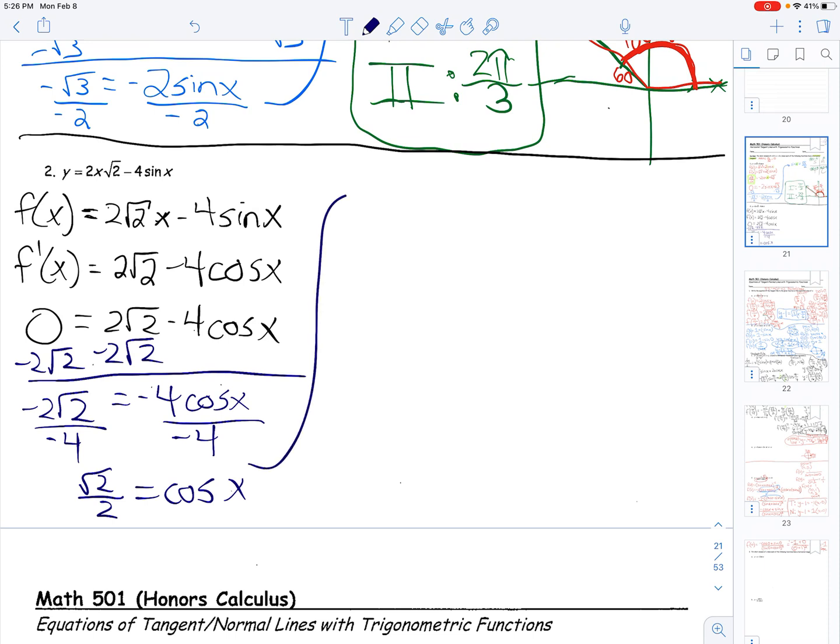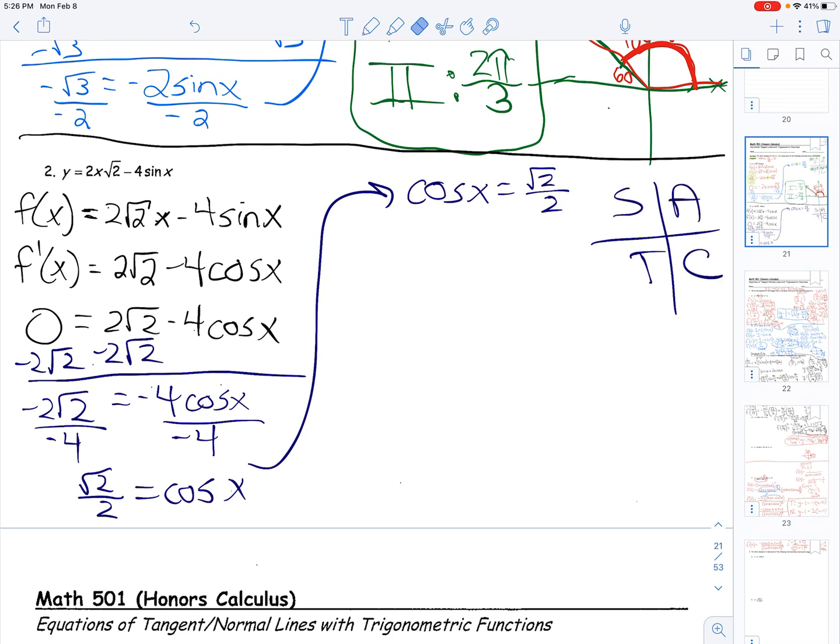And negative 2 radical 2 over 4, negative over negative, I'll make that a positive. So 2 radical 2 over 4, I can reduce the 2 and 4 to 1 over 2. So radical 2 over 2. Right, so cosine of x is radical 2 over 2. So at what x does the cosine of that angle or angles equal radical 2 over 2?